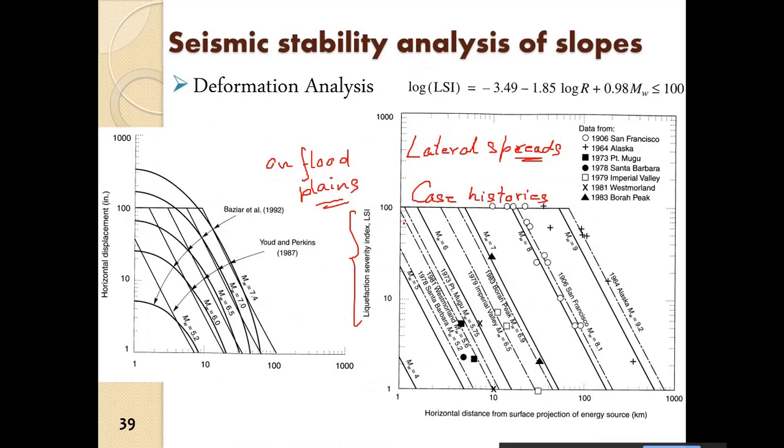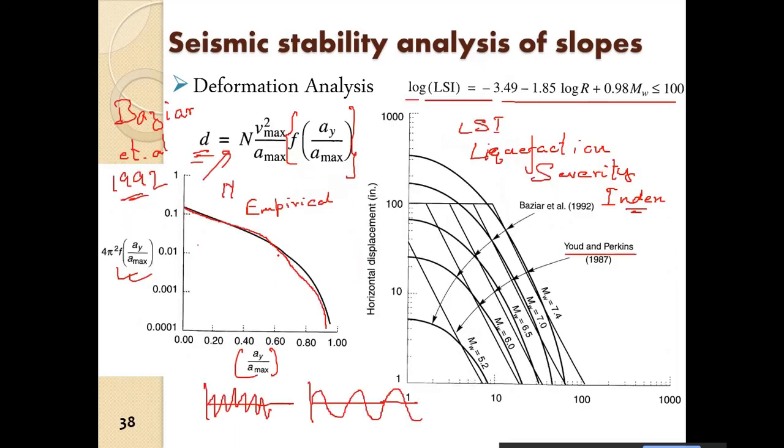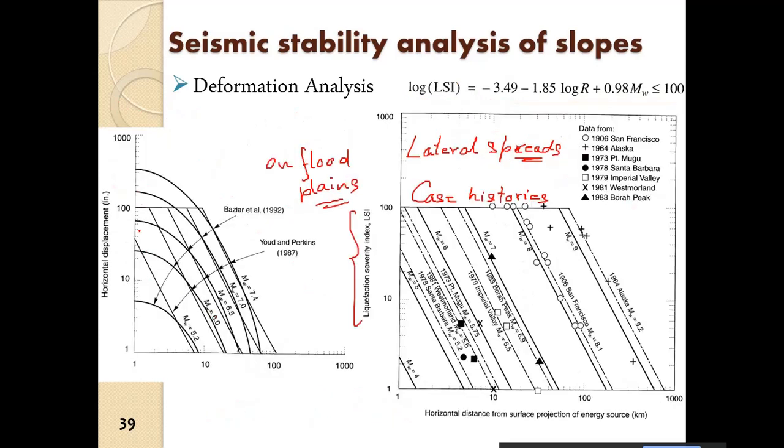And they use this concept to produce probabilistic LSI maps, mainly Southern California. It was seen that the method given by Bartlett et al. 1992 compared well with the LSI method. Here we see that it compared the horizontal displacement well with the two methods.